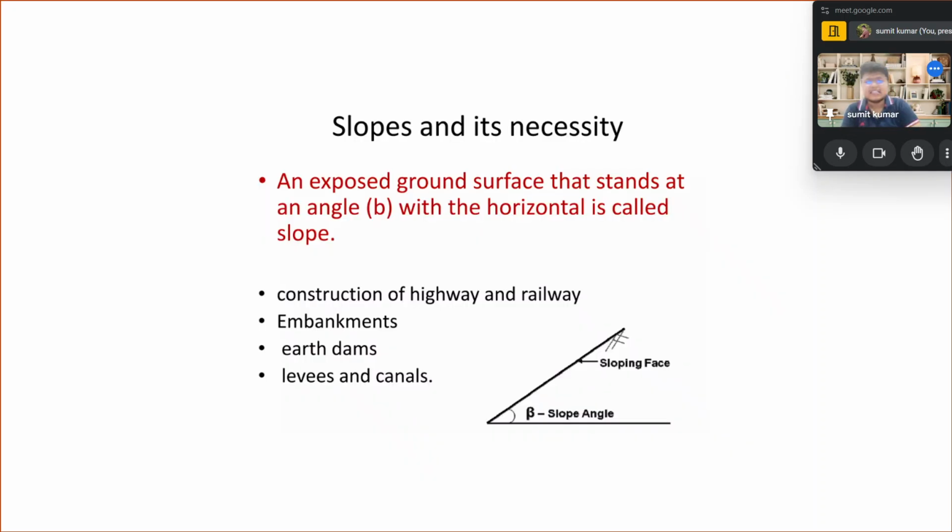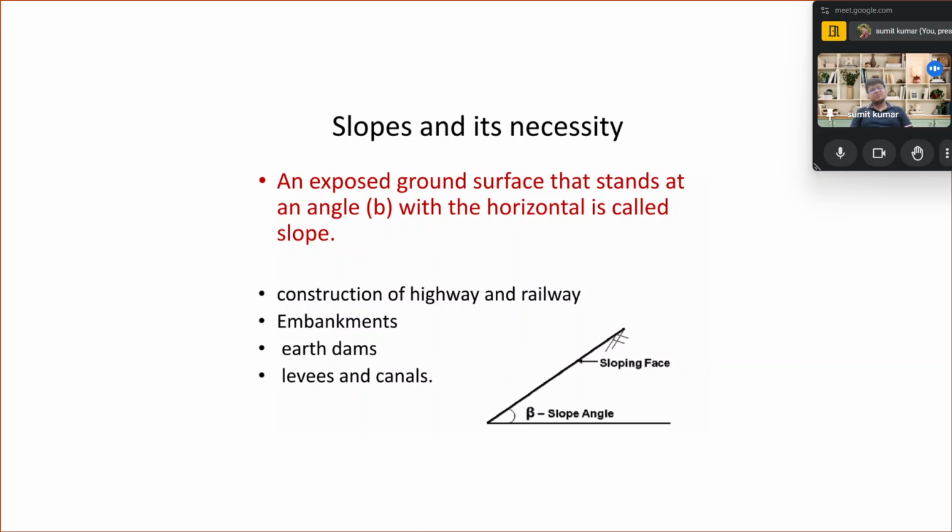As we see, let us talk about the slope and its necessity. An exposed ground surface that stands at an angle beta, written over here as beta, with the horizontal is called a slope. Obviously, the question is what is slope?